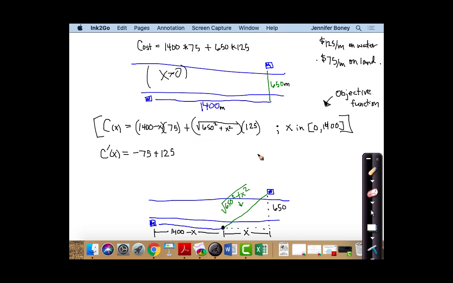This looks kind of like the medium level of difficulty mastery problems, finding a derivative using chain rule here and the square root and quadratic functions. But derivative of exterior function, a square root function, says we're going to have 1 over 2 times this exact same square root, whatever 650 squared is, plus x squared, times the derivative of the interior function here, which would just be 2x.